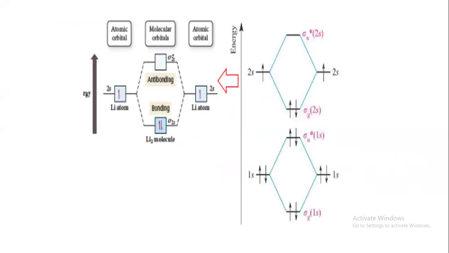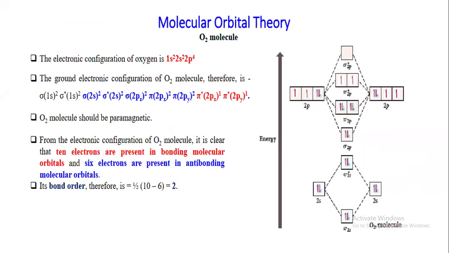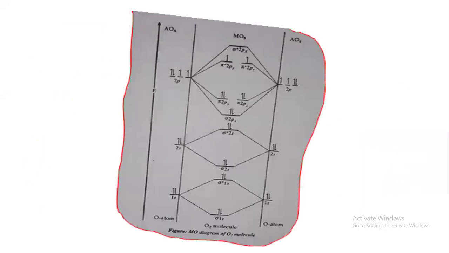For example, the molecular orbital of oxygen. Oxygen has 16 electrons: sigma 1s bonding, sigma 1s antibonding, sigma 2s bonding, sigma 2s antibonding, sigma 2px bonding, pi 2py and pi 2pz bonding.